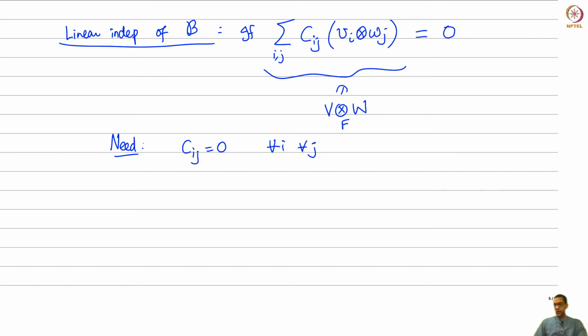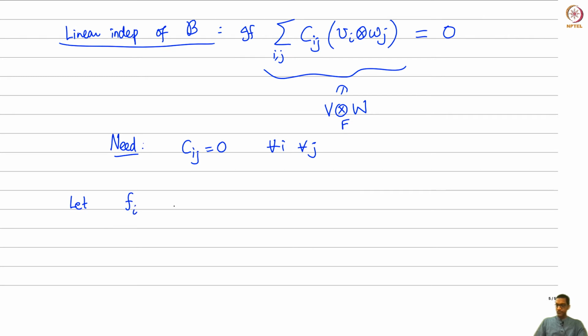Okay. Now to do this requires something a little bit more. Okay, we need to work slightly harder. So observe that when I have bases Vi and Wj of my vector spaces, I also have what are called dual bases. Okay, so let's give those also names.